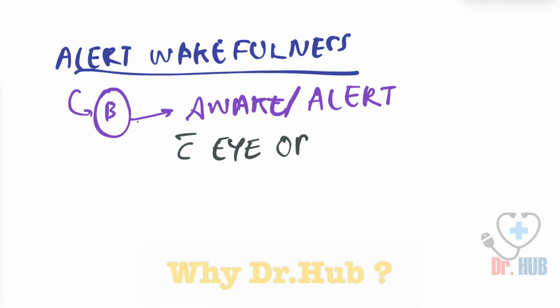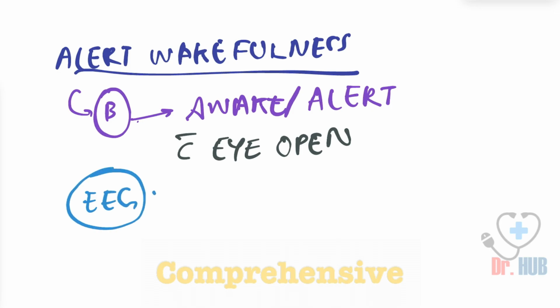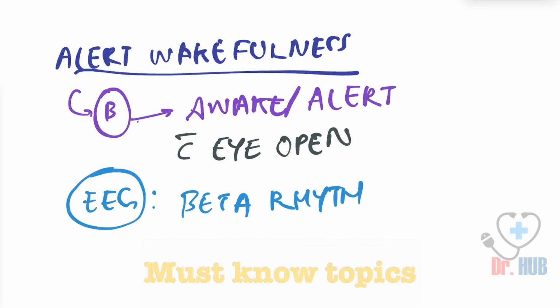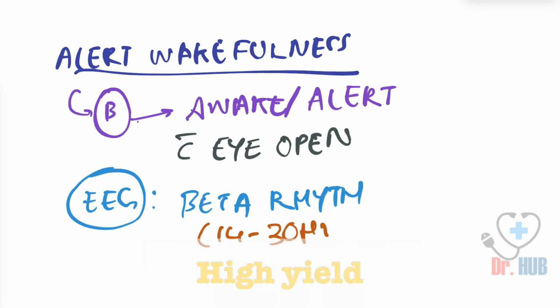Then we look at the EEG findings. The EEG shows a beta rhythm, about 14 to 30 hertz.